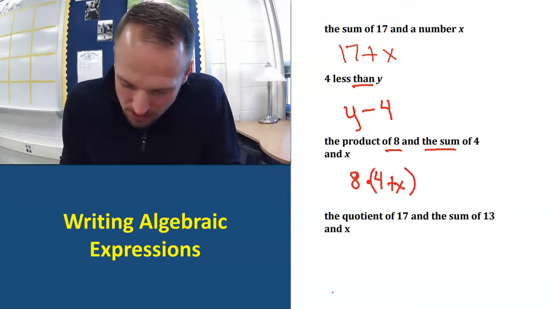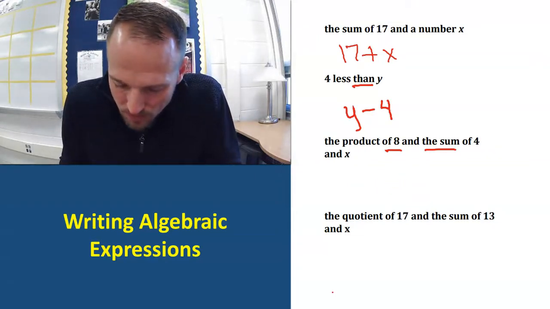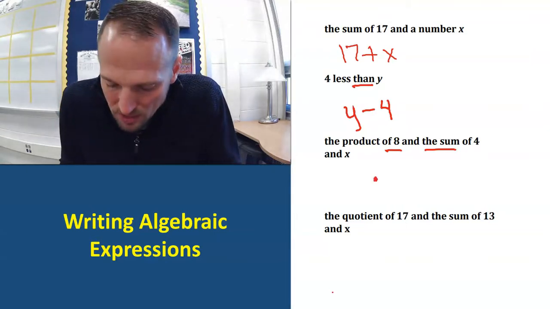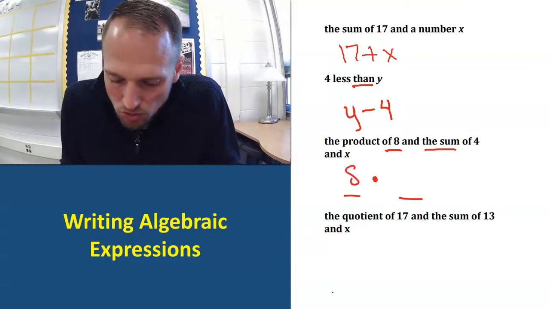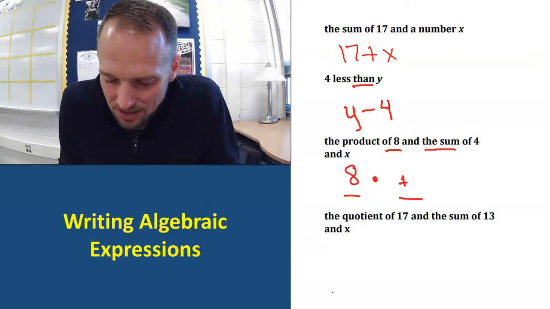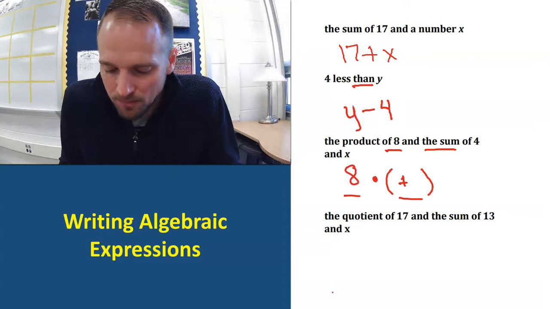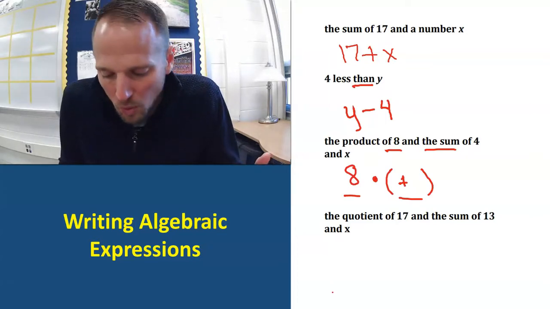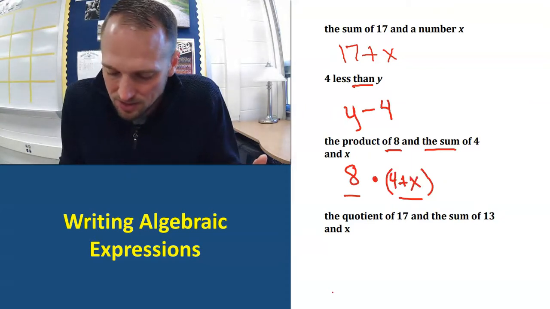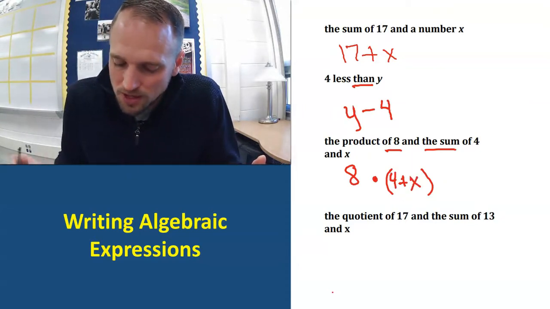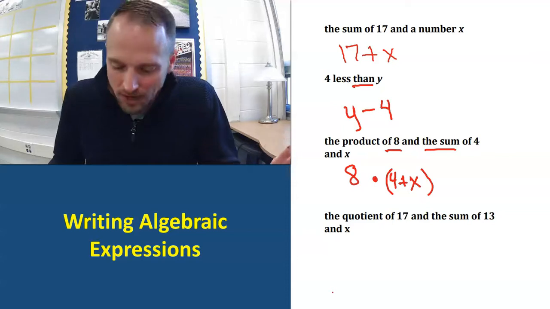Maybe let me erase this and start over with this one. So we have the product of, that's multiplying. Well, what are the two things we're going to multiply? We're going to multiply an 8 times a sum. What's the sum of? 4 and x. So that's what that one is, and that one's tough. No doubt this one's tough.